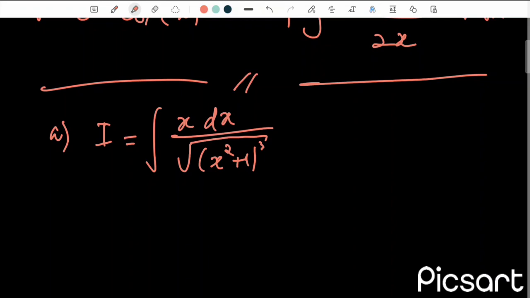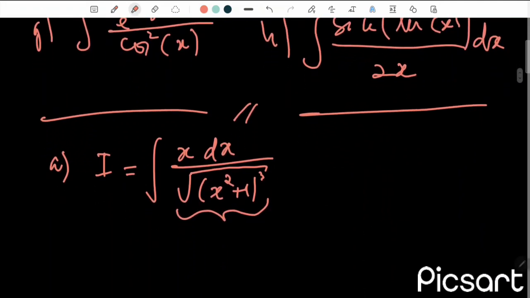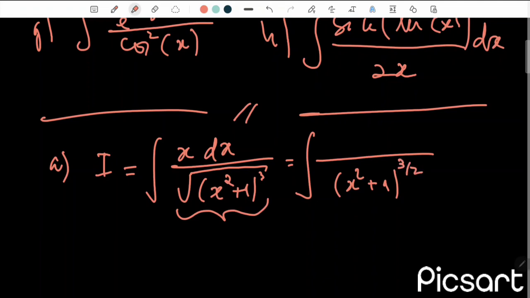for now we can see that it's possible to rewrite this square root as x squared plus 1 power 3 over 2, and we again have in the numerator x dx.